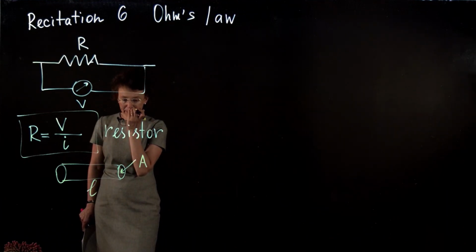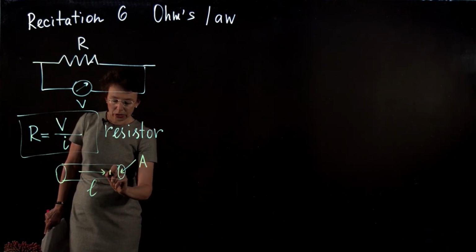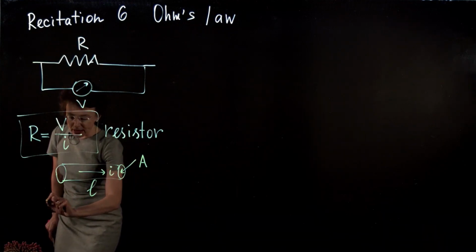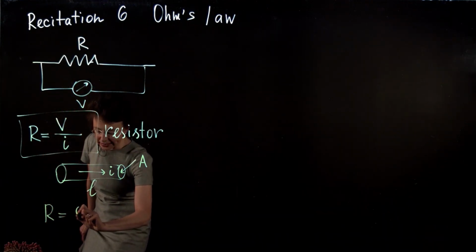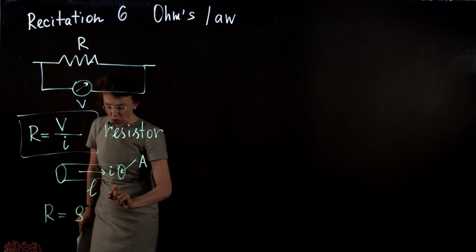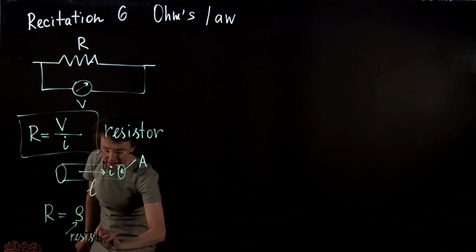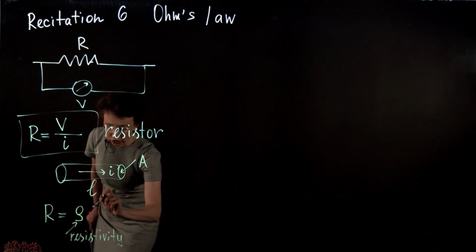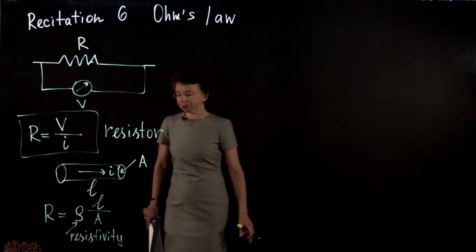Then if I have current I through this wire, the resistance of this wire is resistivity rho, that depends on the material, then the length of the wire, divided by the cross-sectional area of the wire.